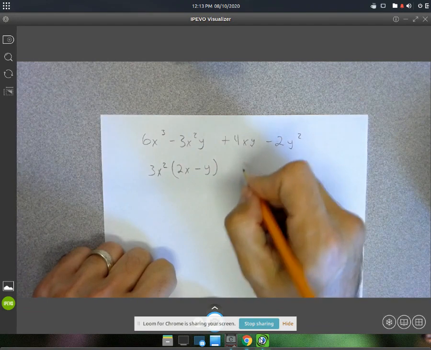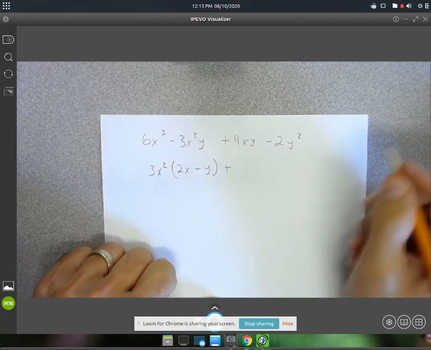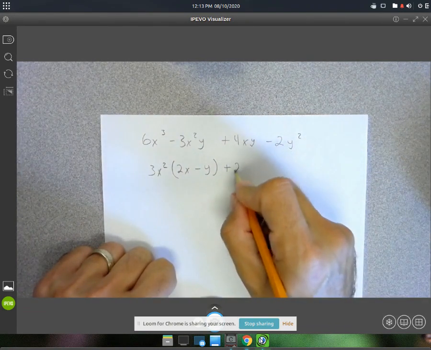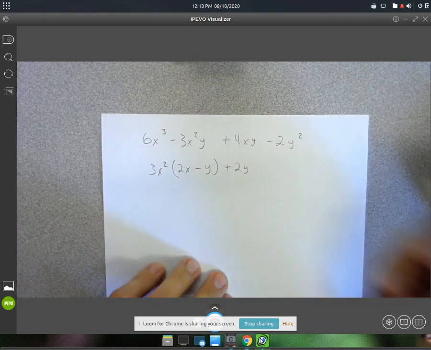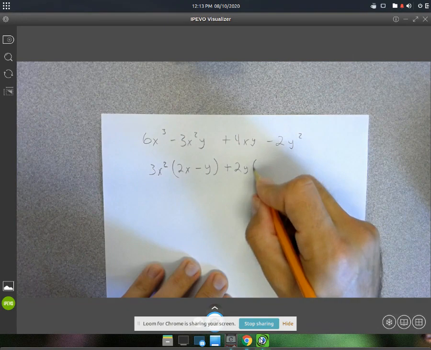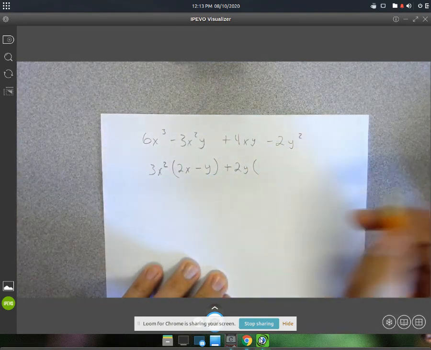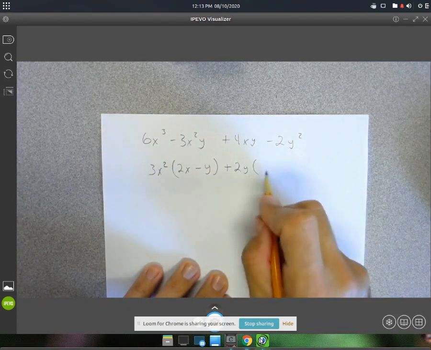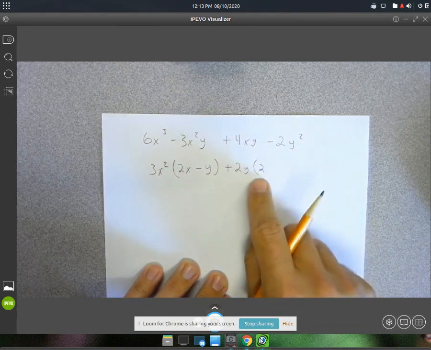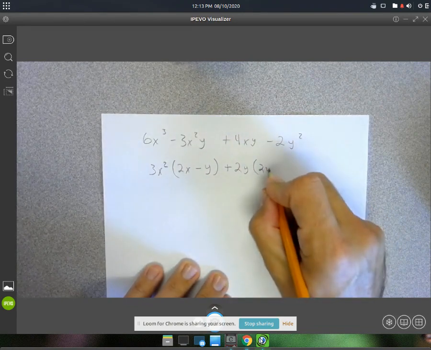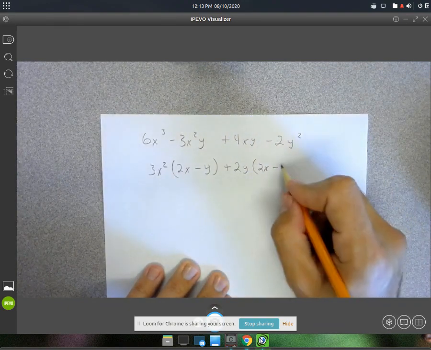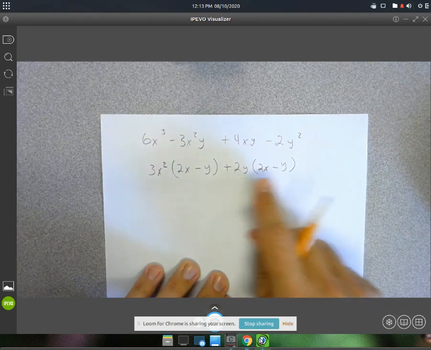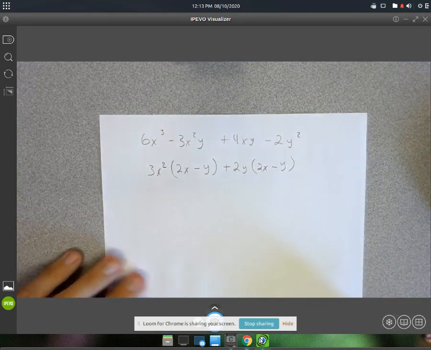That's it. The next half, they have a 2 in common, and they have a y in common. It's probably going to be 2x minus y, but 2y times something, so we have a 2 to get the 4, and we need an x as well. And then minus, and then this will be a y, because 2y times y is 2y squared.